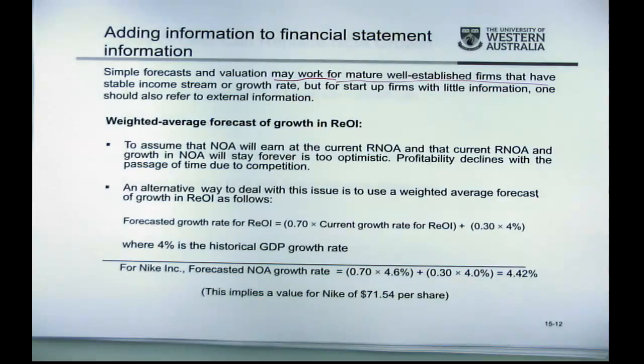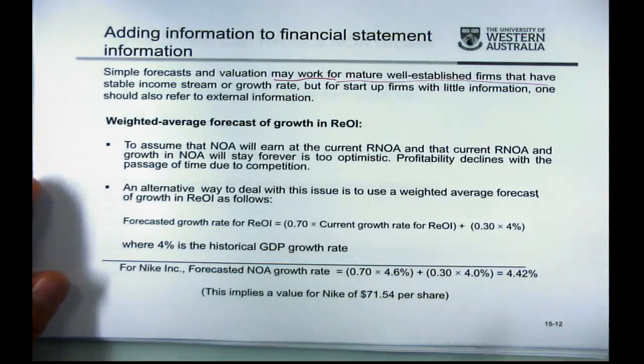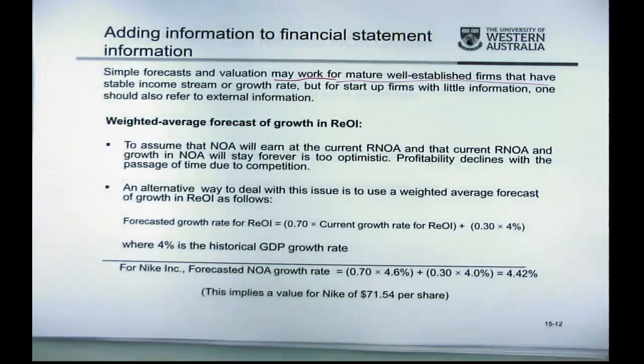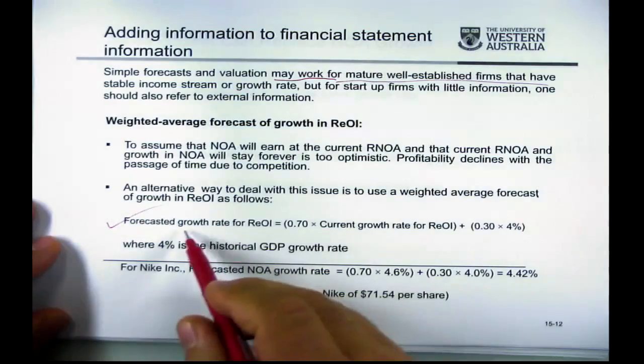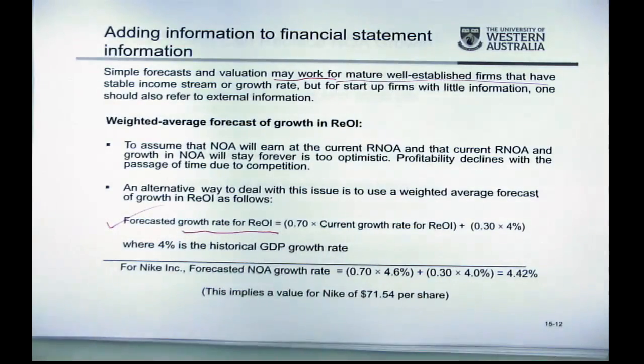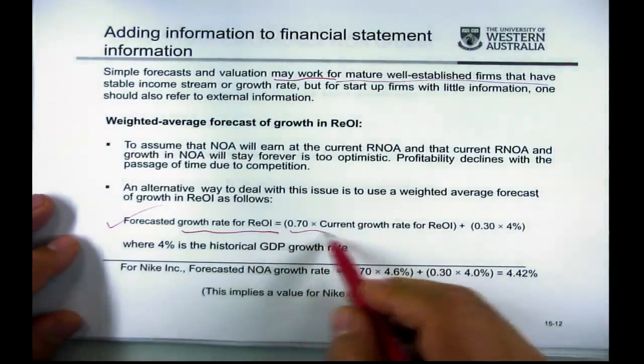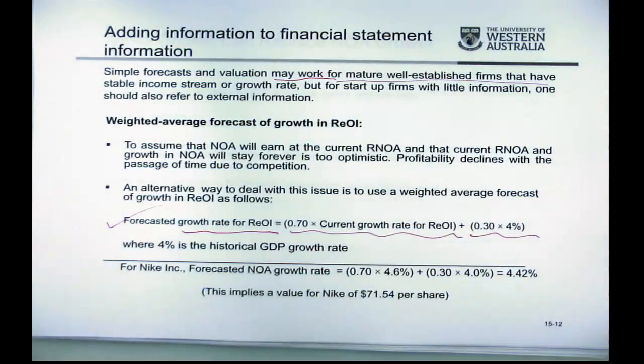Makes sense? But sometimes a firm may experience different growth rates over different periods. Sometimes we can try to simplify the calculations instead of, for example, using two periods and a growth rate for each period. We can, for example, forecast the growth rate for the residual operating income by calculating a weighted average growth rate.